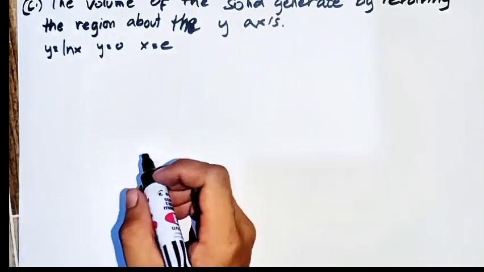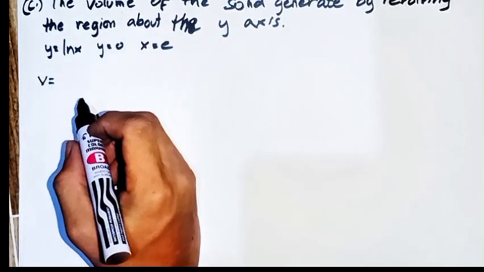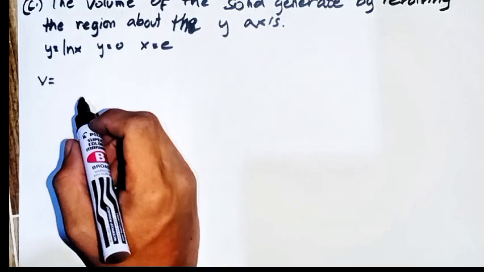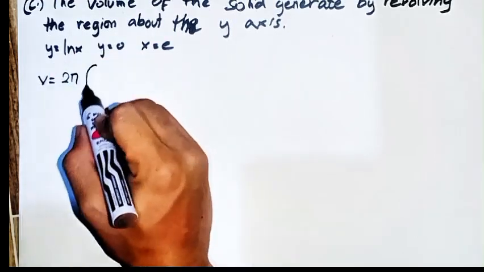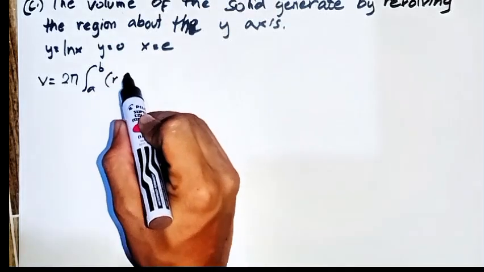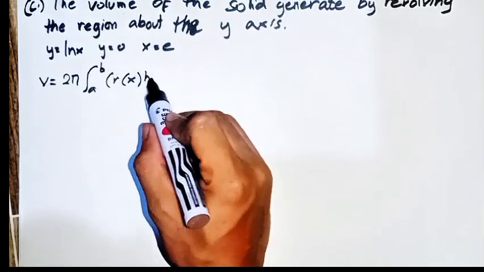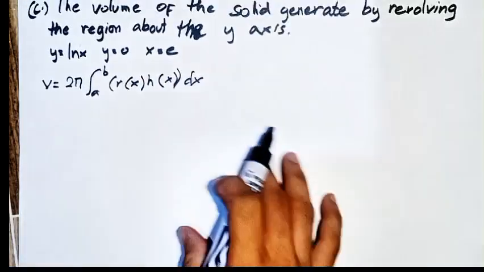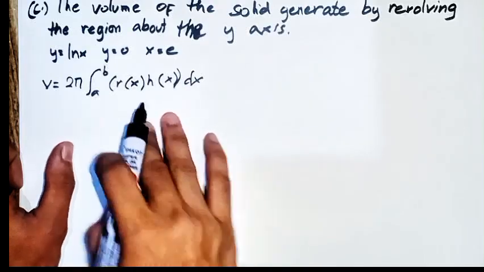The formula for finding the volume by using the shell method is volume is equal to 2 pi integral from a to b of r(x), or the radius, times h(x), the height, dx.